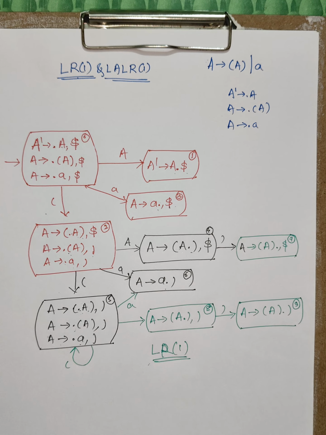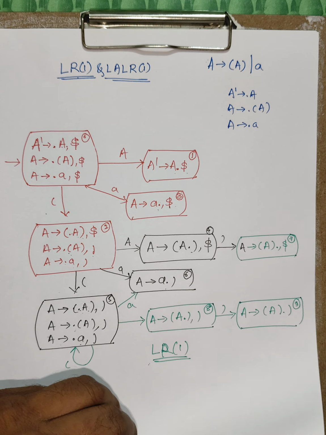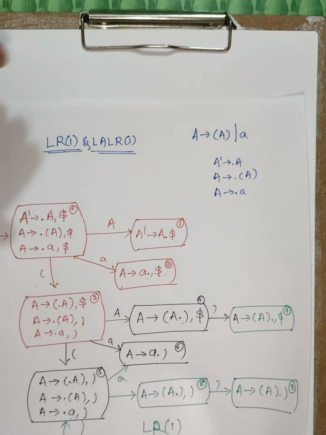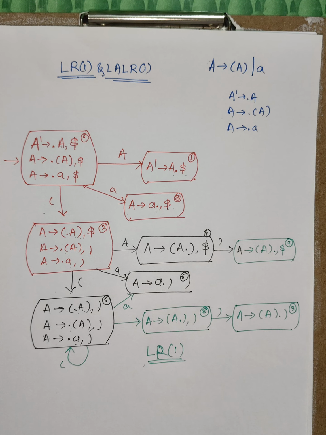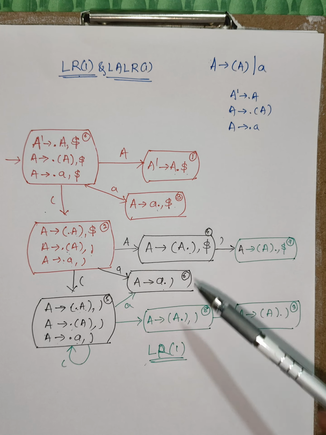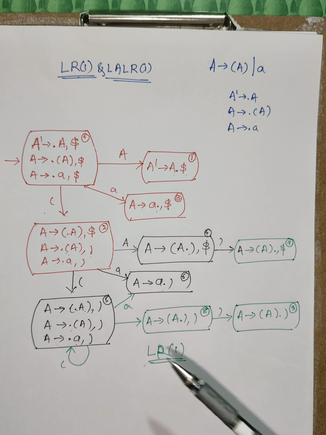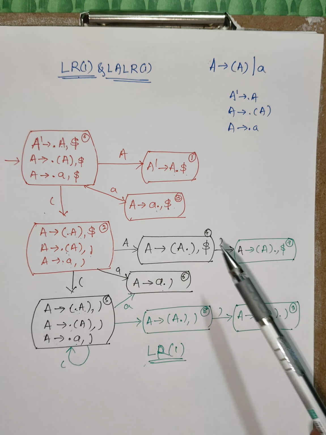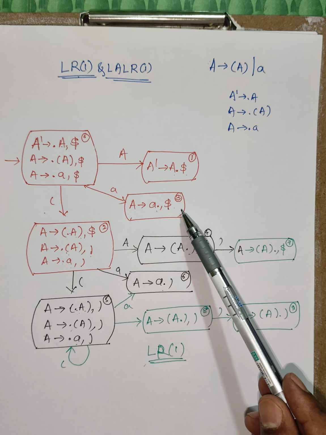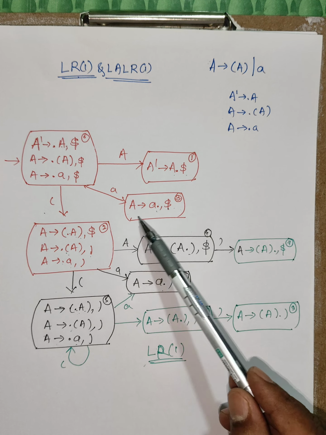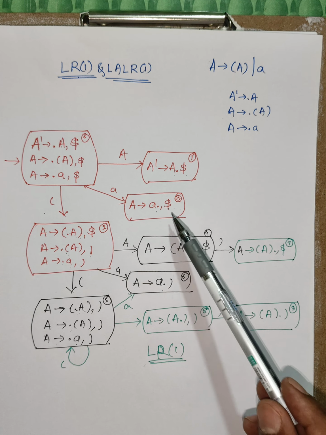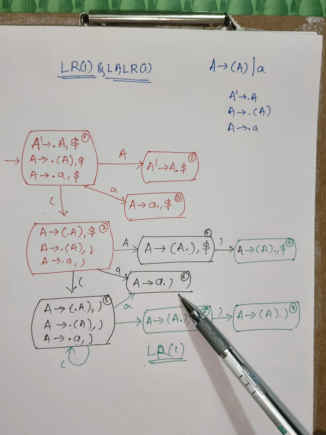This is LR1 and LALR1 is this. Within LALR1, you check here. What is it? LALR1 is advance of this. Advance of this means you check here. Within this state 3 and state 6, production is same, but carry locate is different, right?